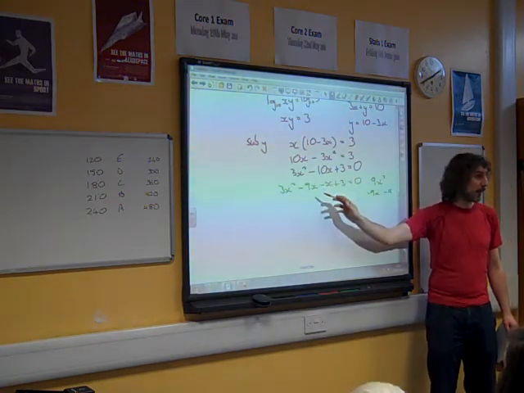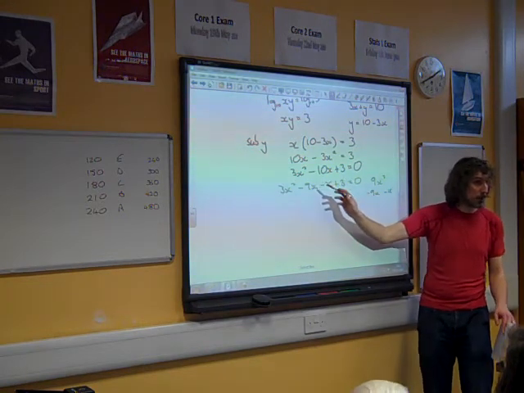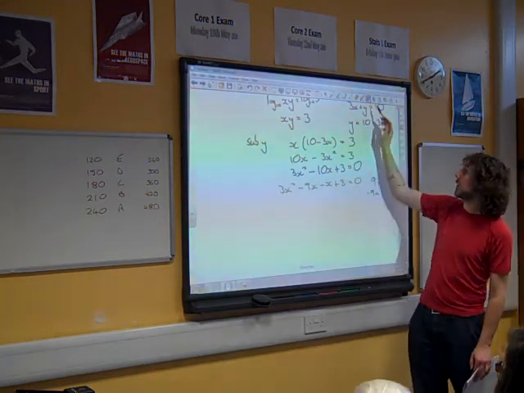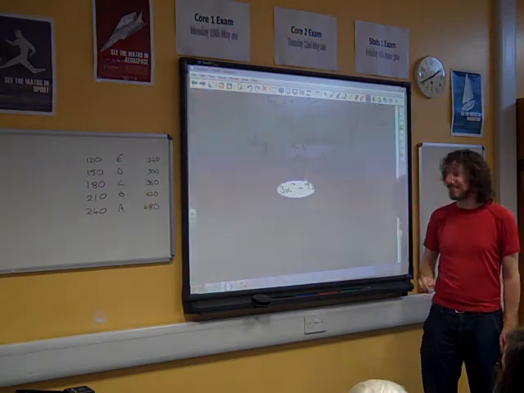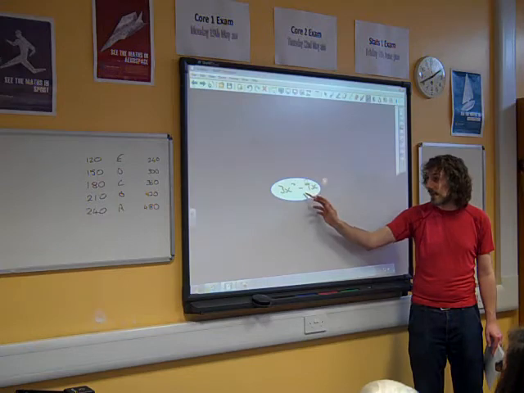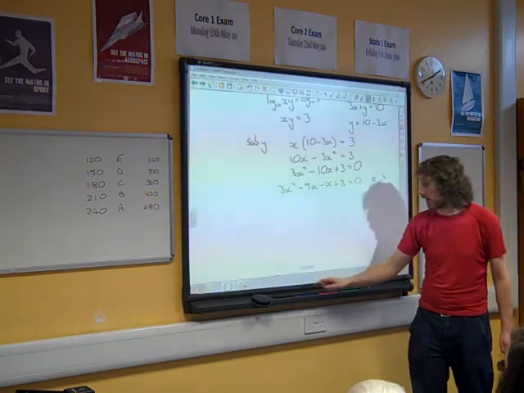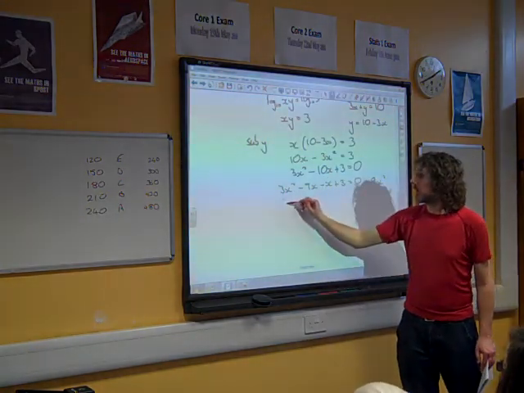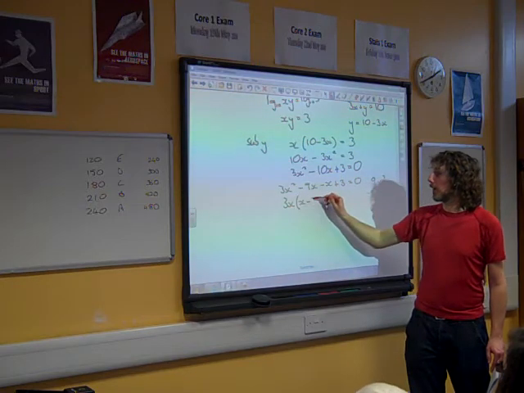So that's the same thing we've just written. And then you factorise things two terms at a time. So we just focus in on the first two terms, and there's a common factor there of 3x. So we're going to take out our common factor of 3x times x minus 3.